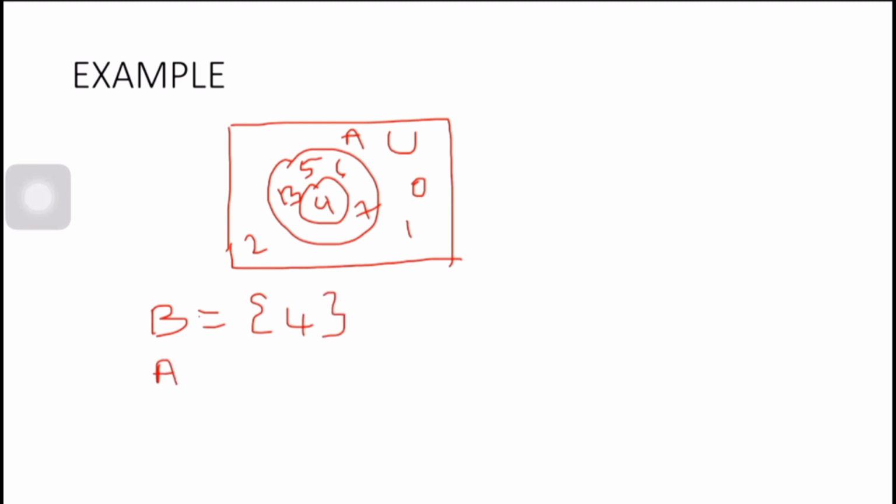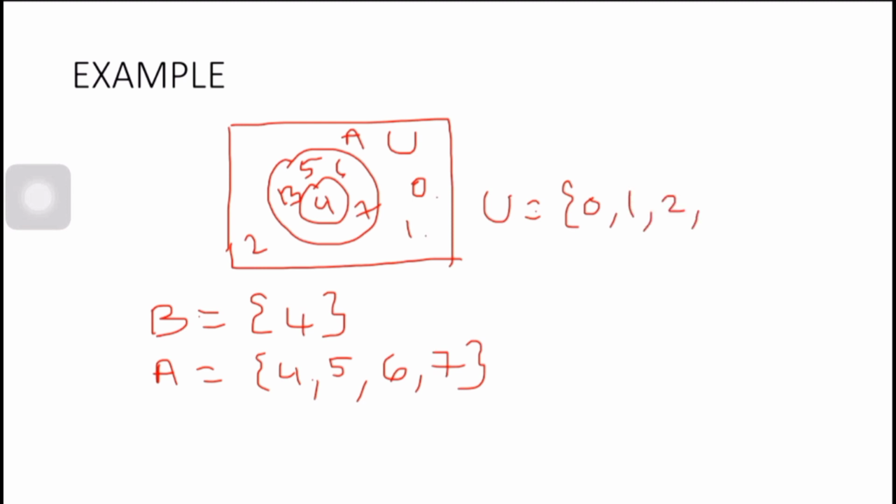A consists of 4, 5, 6, 7 and U consists of 0, 1, 2, 4, 5, 6, 7.